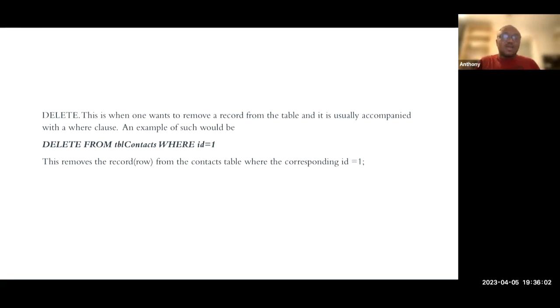But what if I now want to remove everything? There's nothing like delete all. Rather, you want to truncate that table. So you truncate the table, whatever the name of the table, and it will delete all the records.